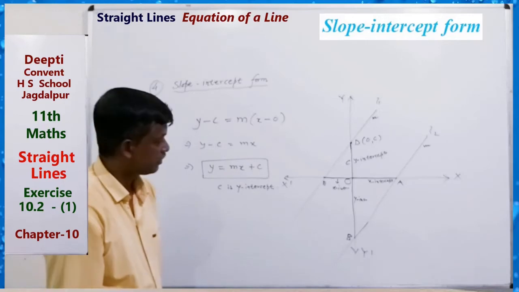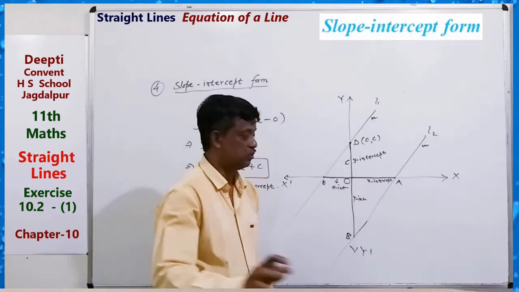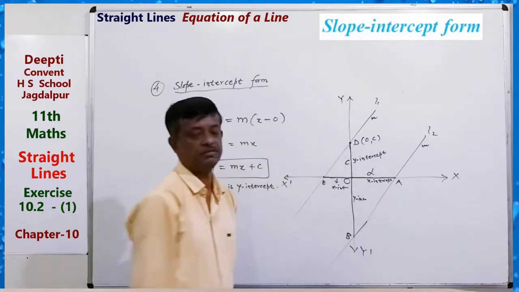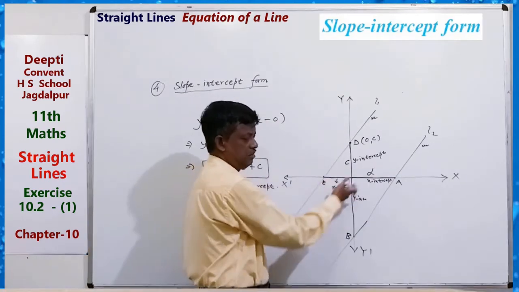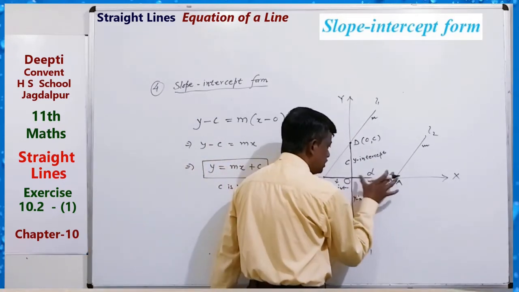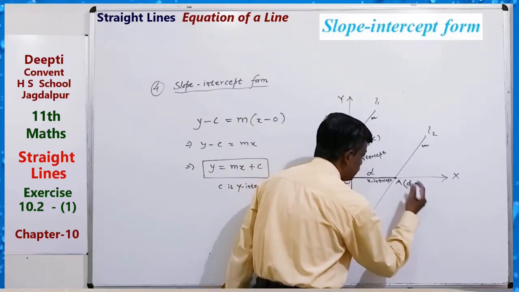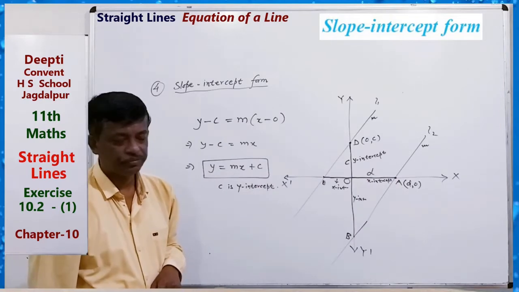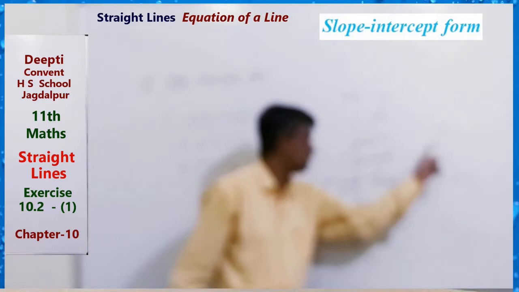Clear? If the x-intercept is given, suppose the x-intercept is d. Then its coordinate will be (d, 0), because the value of y is 0 on the x-axis. So the line passes through this point with slope m.